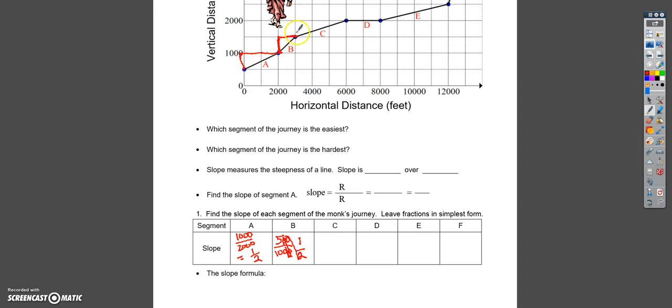C, we're going up 500, so rise of 500. Run of 1, 2, 3,000.